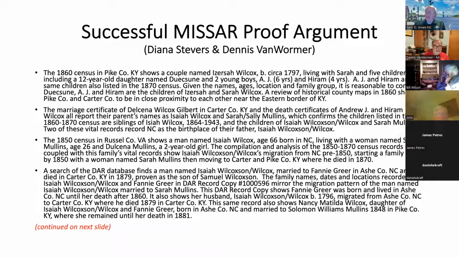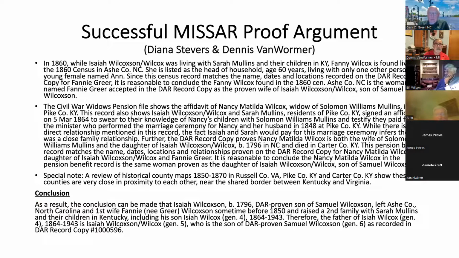But she married, and it turned out they were not related. But that became the key point, because eventually the second bullet we found, what brought it all together, was a Civil War widow's pension file, and she filed it, Nancy Matilda Wilcox, as the widow of Solomon Mullins, as a Civil War soldier.